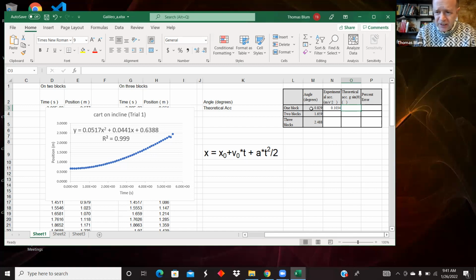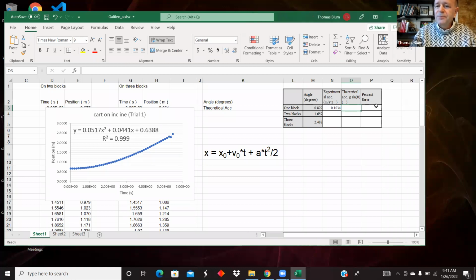But one thing you have to watch in Excel is that its sine works in radians. So we can't just put in sine of this, we have to get the radians.